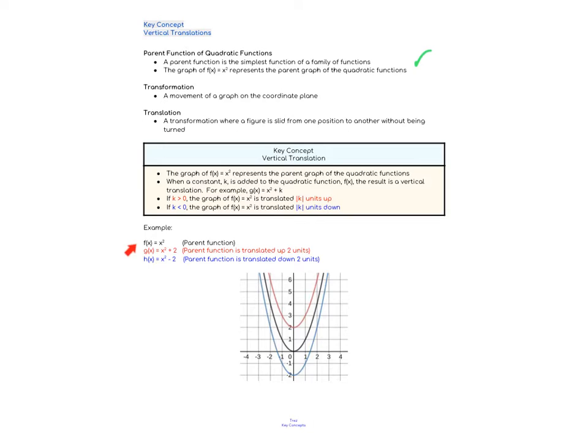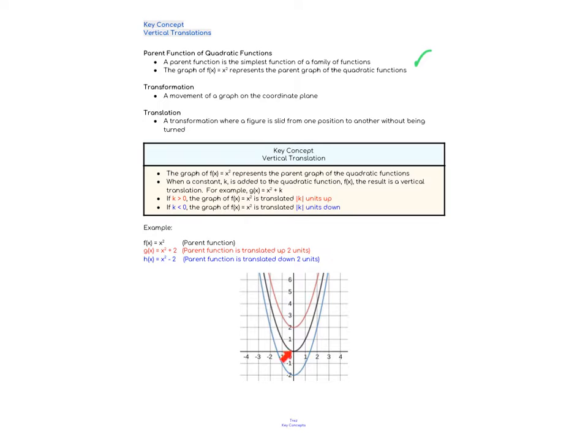Here we have f of x equals x squared, our parent function. This is represented by the black parabola on the graph. So the parent function, this is where it starts. g of x equals x squared plus 2. So here is x squared, our parent function, and then it's plus 2.